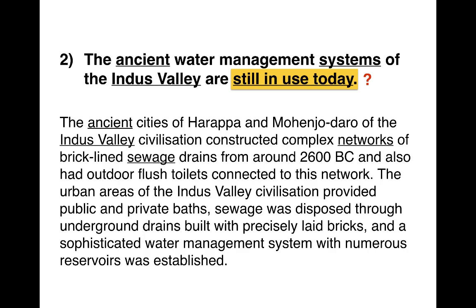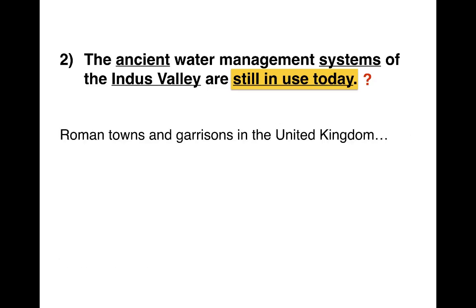Sewage was disposed through underground drains built with precisely laid bricks, and a sophisticated water management system with numerous reservoirs was established. Still nothing about today, nothing about whether these systems are still in use today. So it's looking like a not given answer for me, but just to be safe, we could quickly check the beginning of the next paragraph.